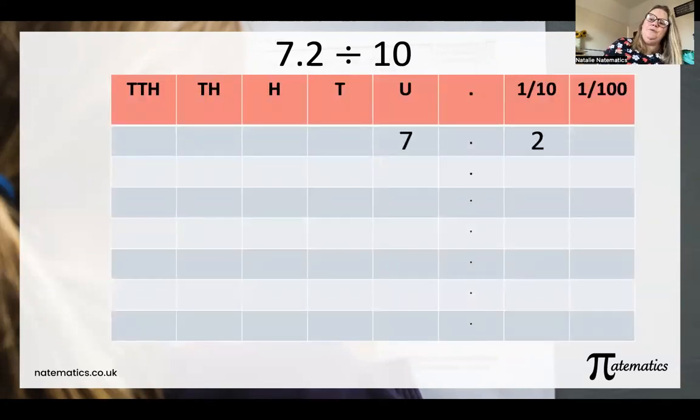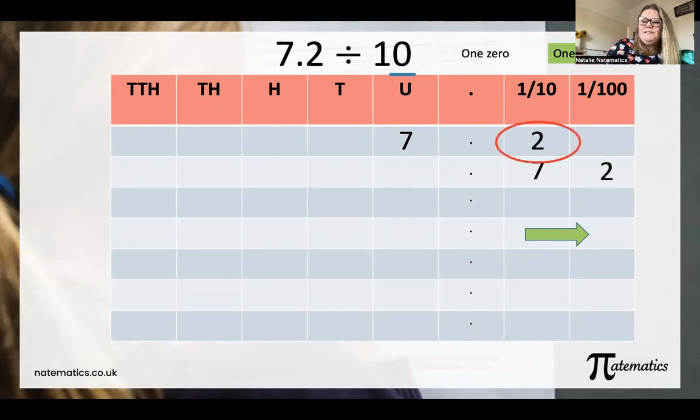So 7.2 is where we're starting. So there's 1 0 there. So we're going to move 1 space to the right, that way. So every digit is going to move 1 space that way. So the 7 is going to move from the units to the tenths. And then the 2 is going to move into the hundredths. And obviously you've got a decimal point there.